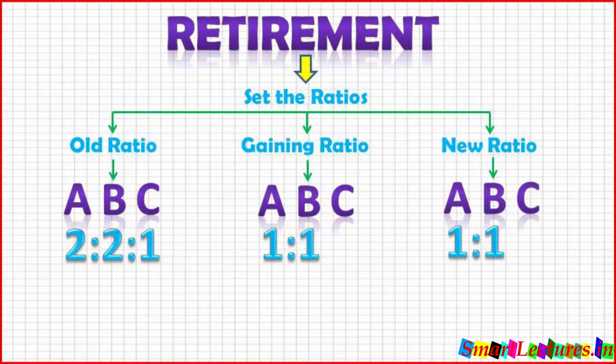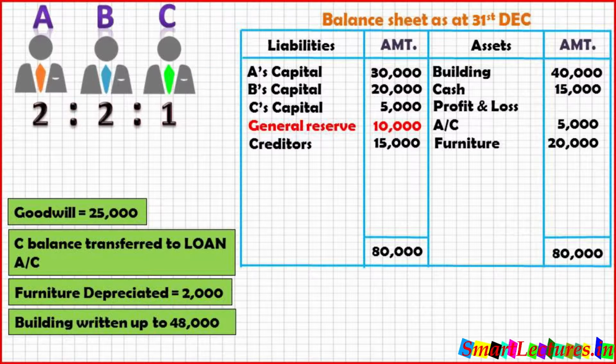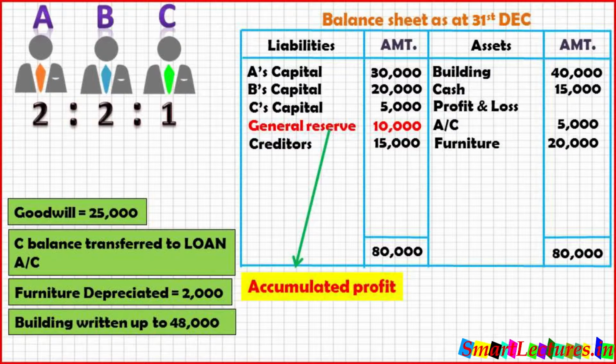After that, this is the turn of accumulated profits and accumulated losses. Accumulated profits are always found on the liability side of the balance sheet. And we can see there is one general reserve of rupees 10,000, which means there is accumulated profit.